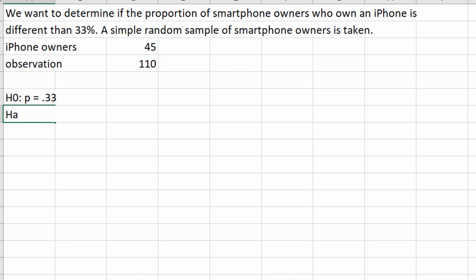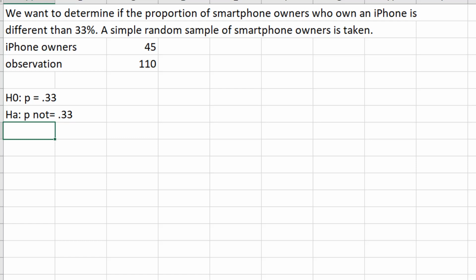You're always going to have equality as part of your null hypothesis. I'm just going to say not equal to 0.33 for brevity, but if you want to be more professional, use the not equals sign. I'm more concerned right now with doing the math.